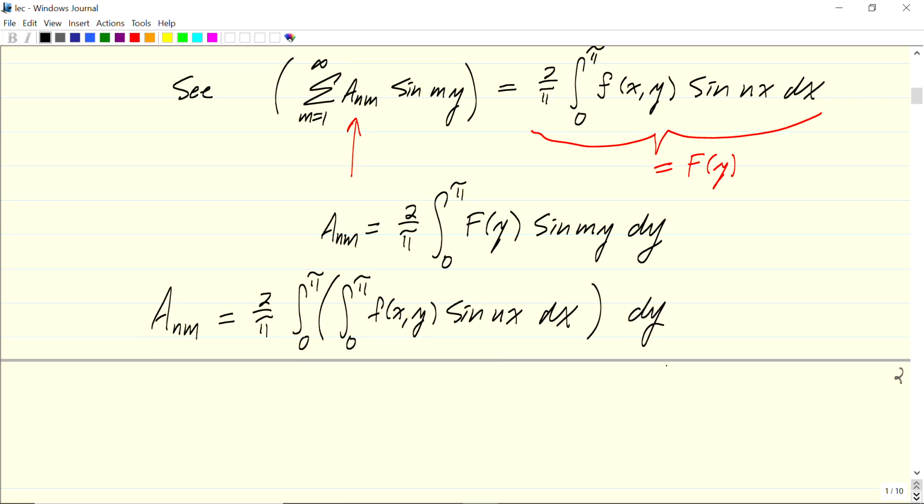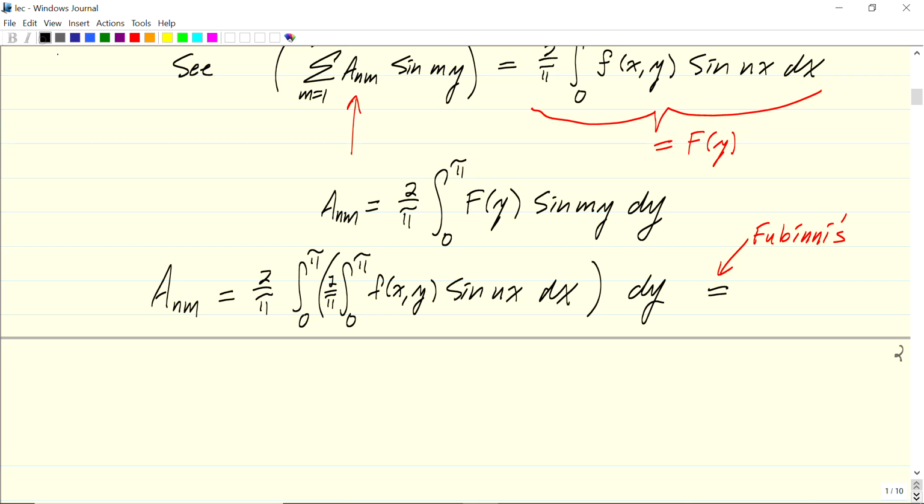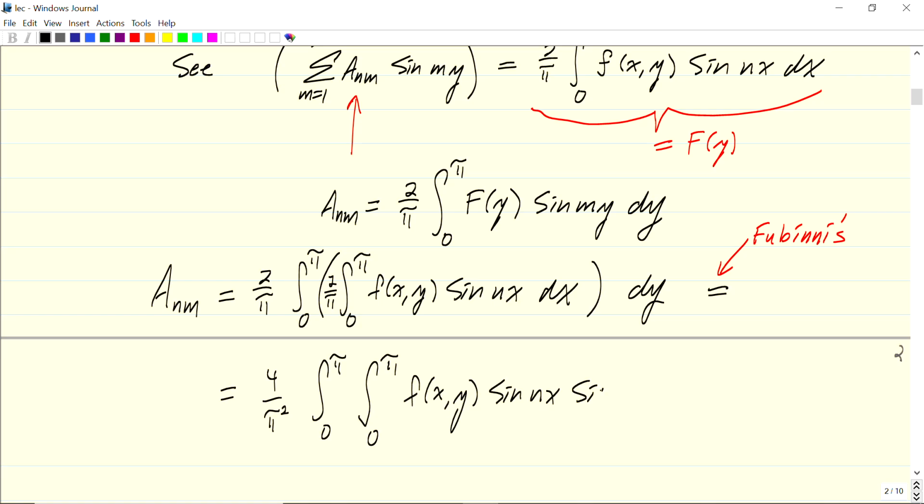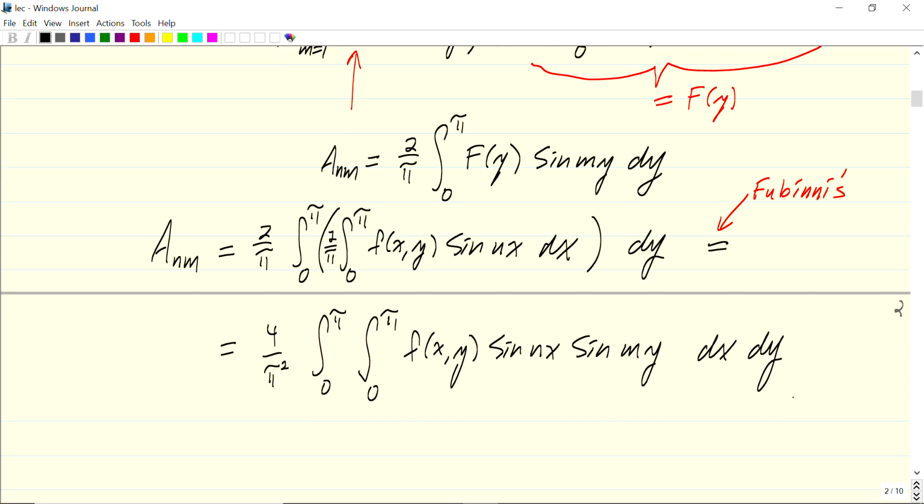And by Fubini's, oh, there's another 2 over pi. And this is going to be equal to, Fubini says it doesn't matter what order you integrate in these double integrals. We're going to get 4 over pi squared, integral from 0 to pi, integral from 0 to pi, f of x,y, sine nx, sine my, dx dy, an iterated integral. Okay, I should put that in a box maybe.